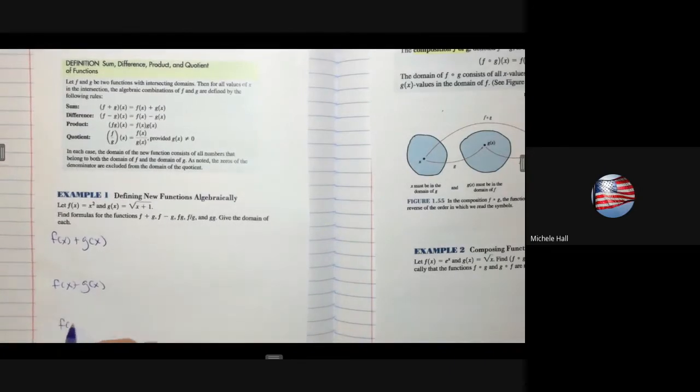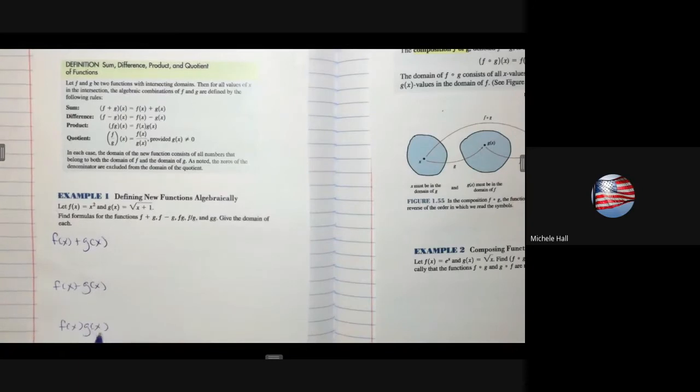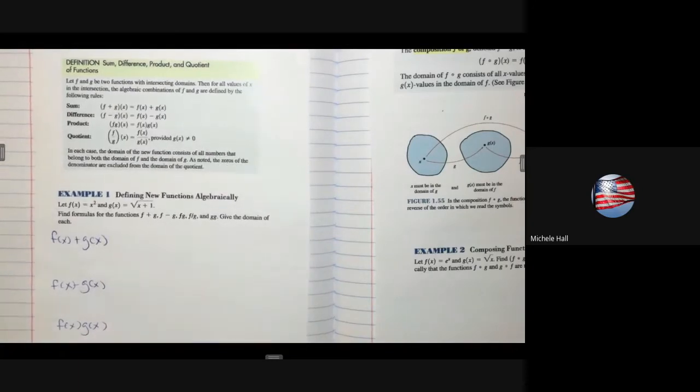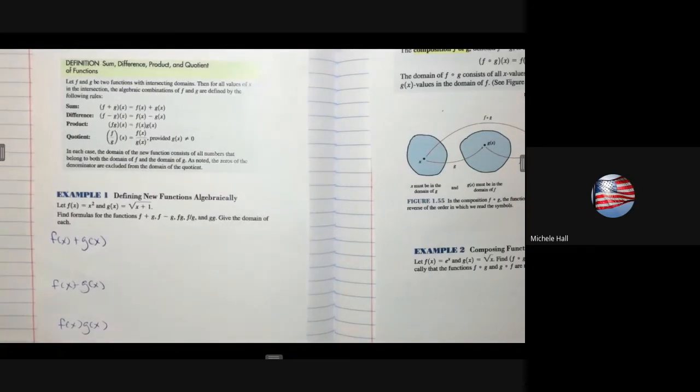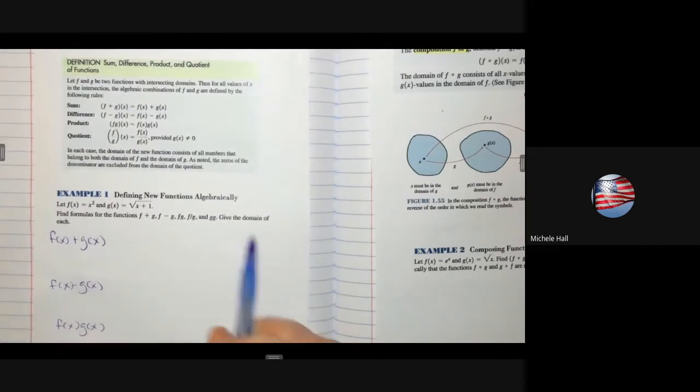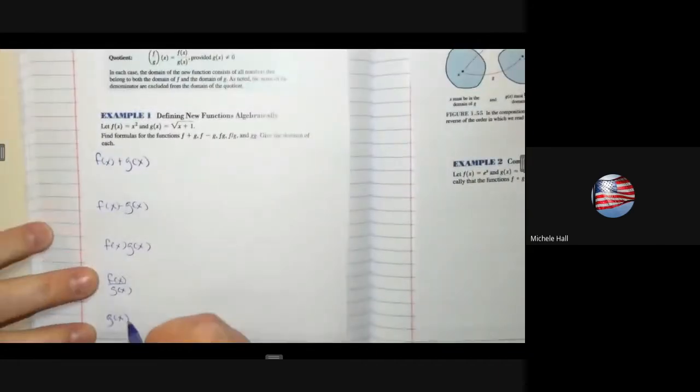F of x times g of x, and f of x divided by g of x, as well as g times g, that would be g of x times g of x.